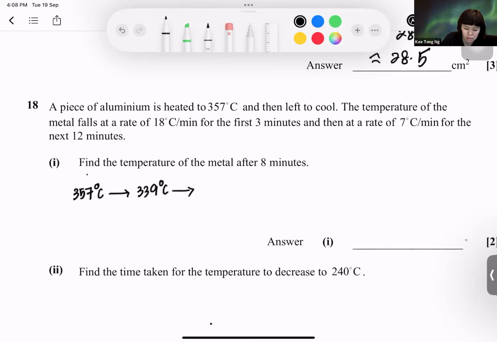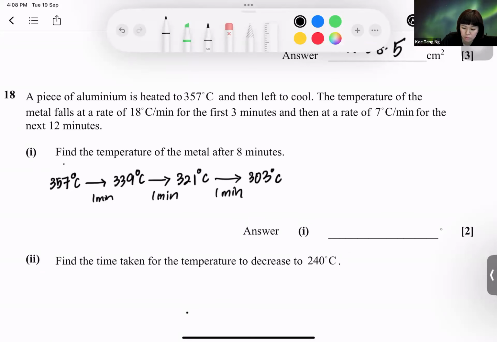Drop by 18 again, 321 degrees Celsius. First 3 minutes, drop one more time, minus 18 again, 303 degrees Celsius. Then you drop at a rate of 7 degrees Celsius per minute for the next 12 minutes.